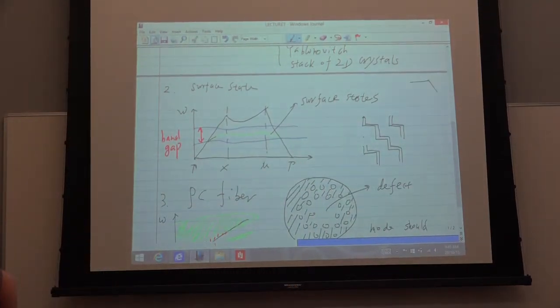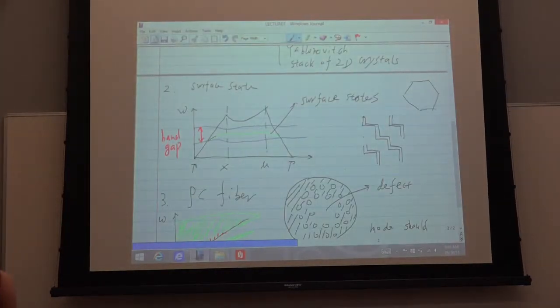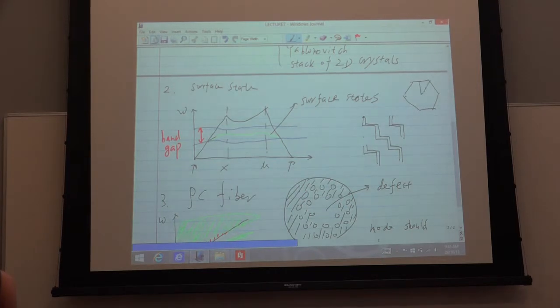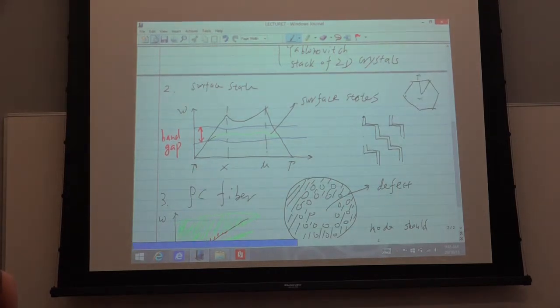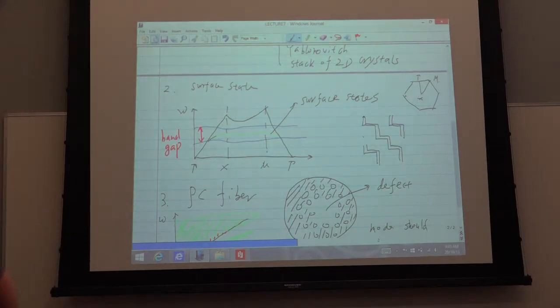I just draw this Brillouin zone. We call it gamma X M. Sorry, this may not be right. Let me take a look at what the name is.